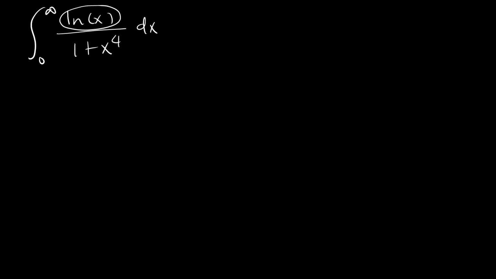And imagine you had a function y equals x to the a, and I want to differentiate y with respect to a. What do I do? The first thing I would do is take the natural logarithm of y, and this is the same as a times the natural logarithm of x.